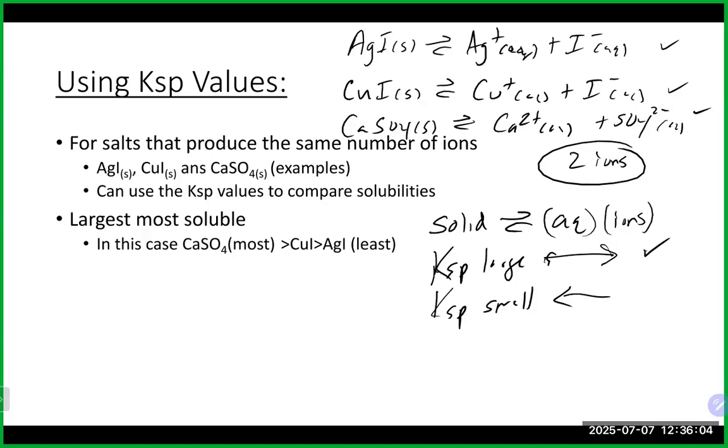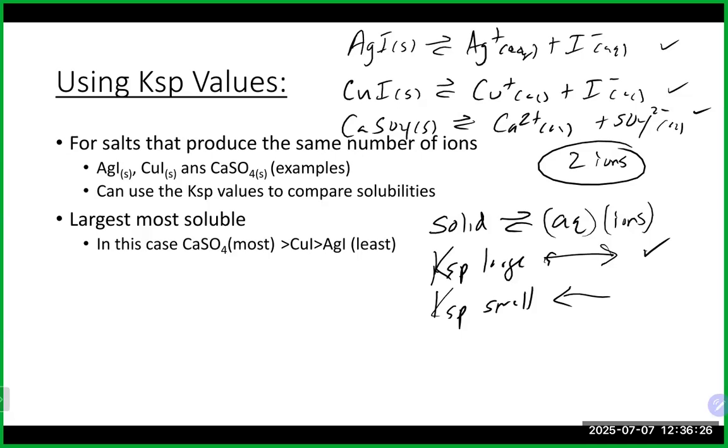And you would find silver iodide is the least soluble of the bunch by looking at the Ksp value. So in a situation like I just showed you, where you're comparing apples to apples, they're both breaking apart into the same number of ions, you could look at the Ksp value and have a fairly good idea which one should be more soluble.